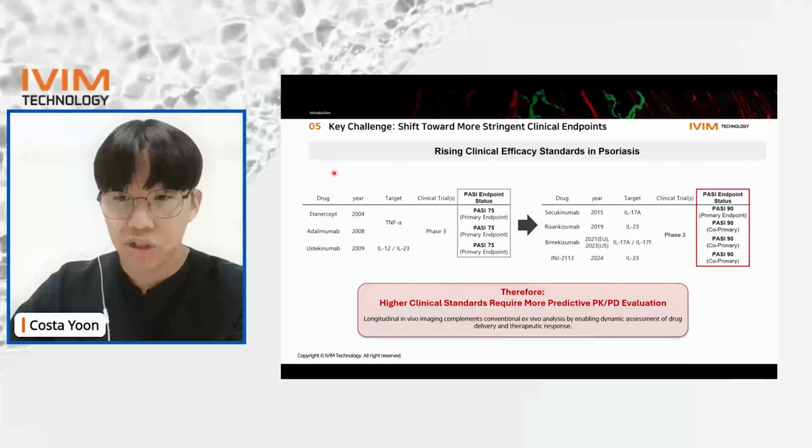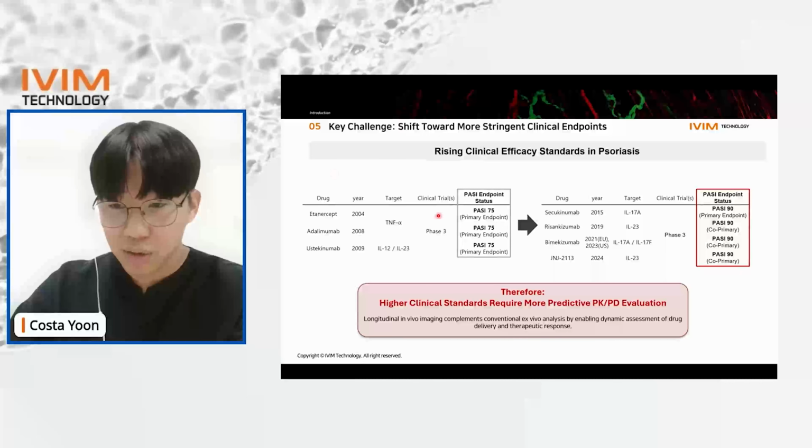In the early 2000s, 75% improvement in PASI was widely used as a main efficacy endpoint. Today, many newer therapies aim for 90% or even 100% improvement, meaning a much greater improvement in skin lesions.